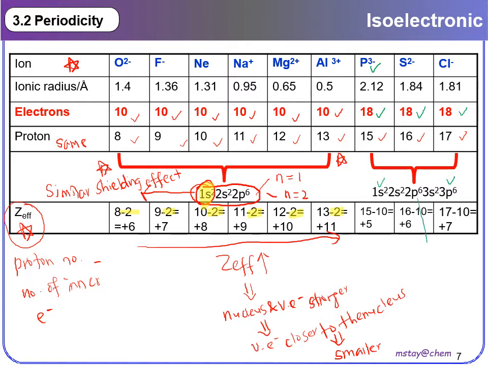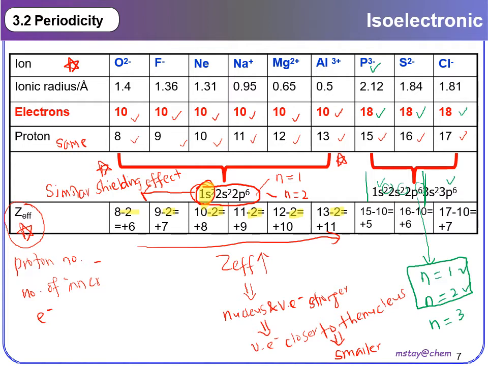So in this case, we have 3 shells, n equal to 1, n equal to 2, and n equal to 3. The number of inner electrons is the total electrons in n equal to 1 and n equal to 2. So when we total up 2 plus 2 plus 6, that equals 10.